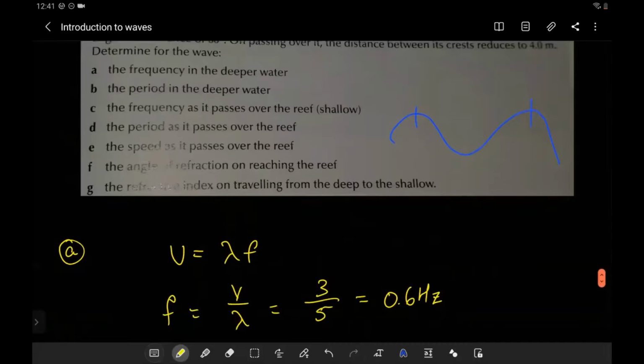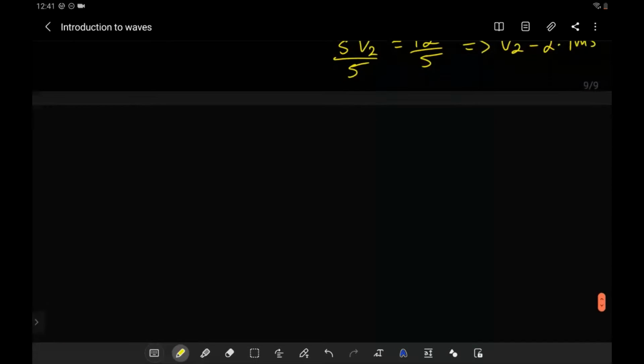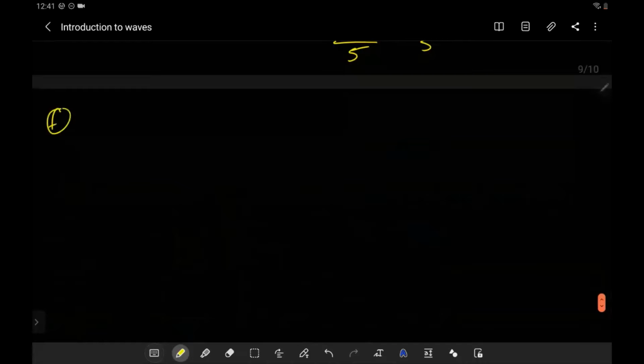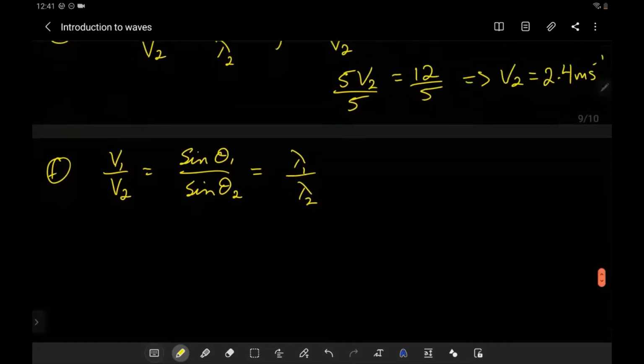Now the angle of refraction on reaching the reef. That's part F. We have V1 over V2 equals sine theta 1 over sine theta 2, which is equal to lambda 1 over lambda 2. You could have used any one, because now that we know V2, you'll get the same answer.